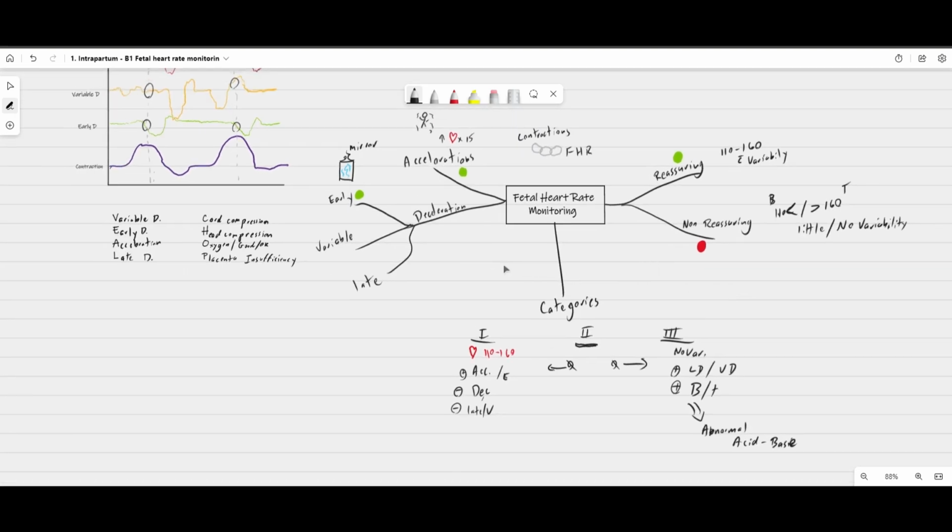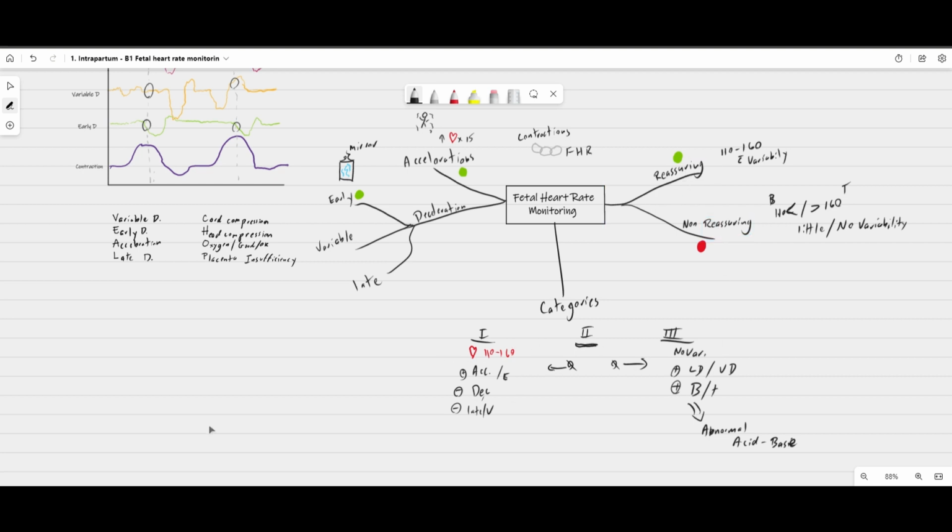So fetal heart rate monitoring is assessing the fetal heart rate in response to contractions. We want to see variabilities with our heart rate, accelerations, and early decels. And in terms of decelerations, we have early, variable, or late. Also can classify it as non-reassuring or reassuring.